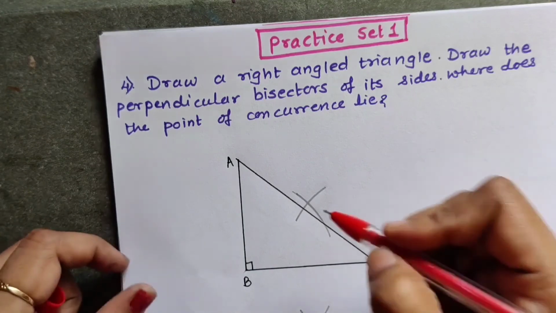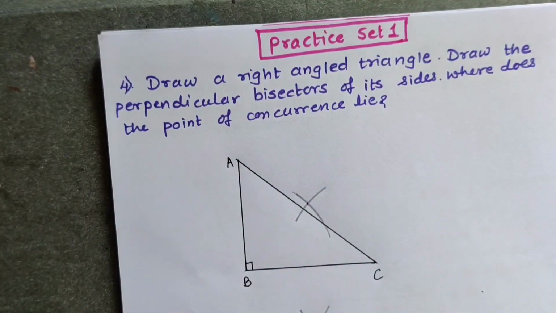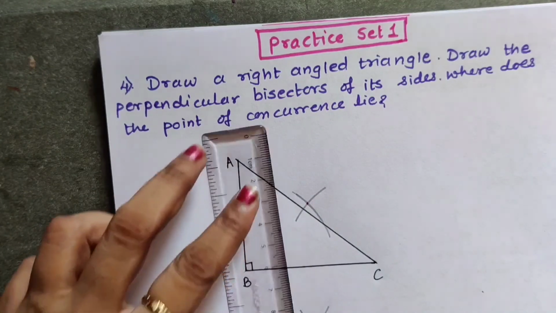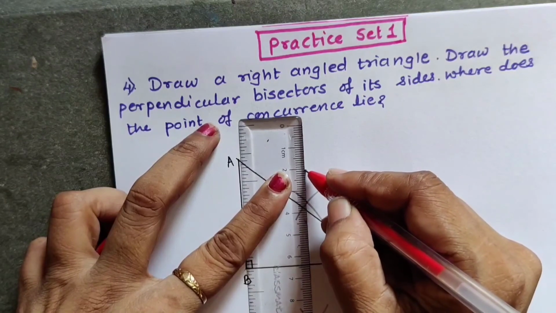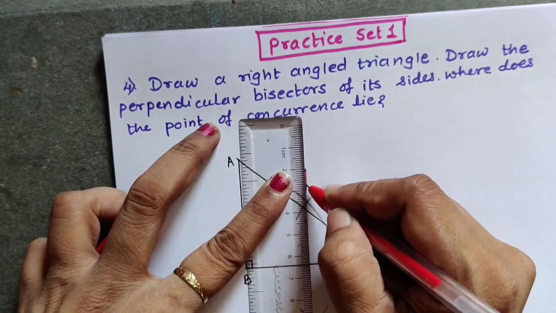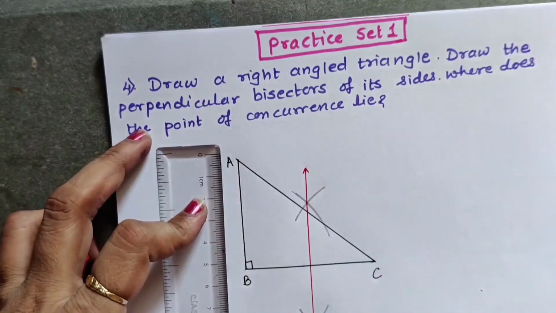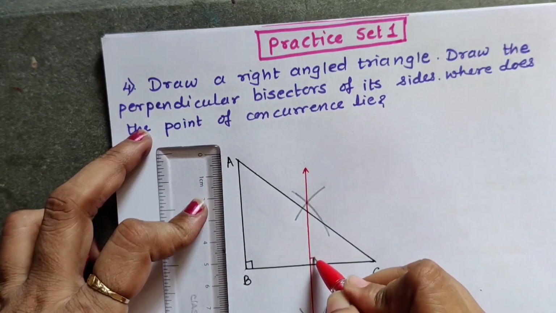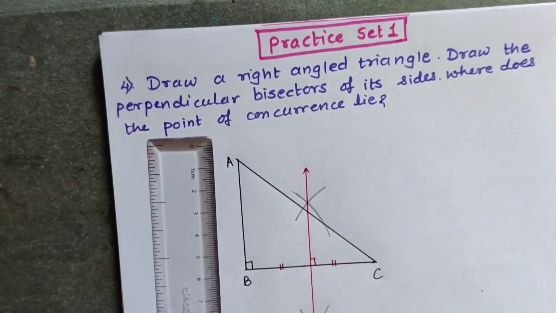And in this way I have got these 2 points here. And then we can join these 2 points for getting the perpendicular bisector of side BC. So in this way, this is the perpendicular bisector of side BC. BC is divided into 2 equal parts.